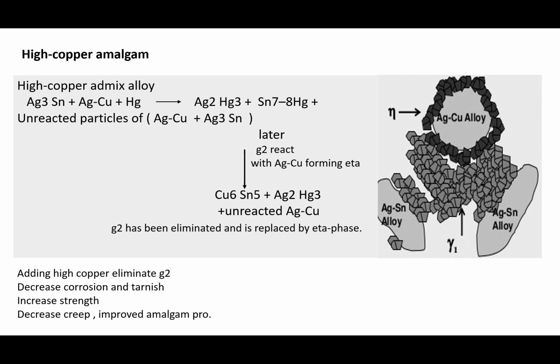Later, most, if not all, gamma 2 reacts with the silver copper, forming eta phase.